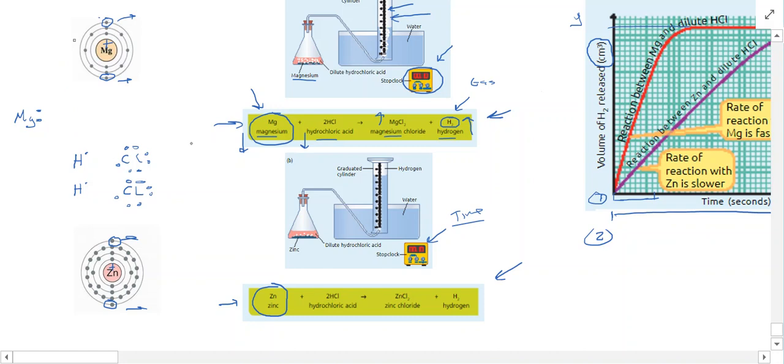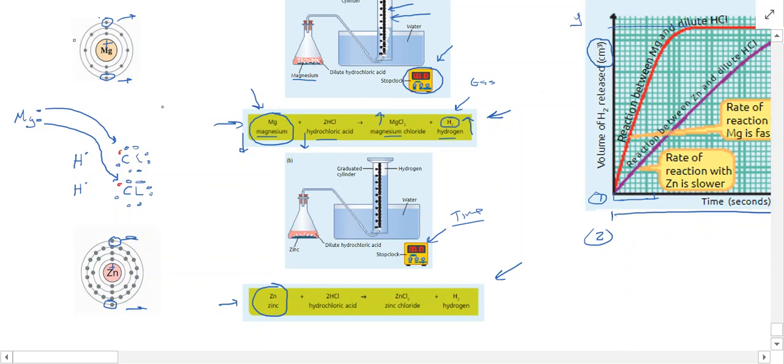Now, the magnesium wants to get rid of these 2 electrons. It will give its 2 electrons to these 2 chlorine atoms, so chlorine is going to gain these 2 electrons.